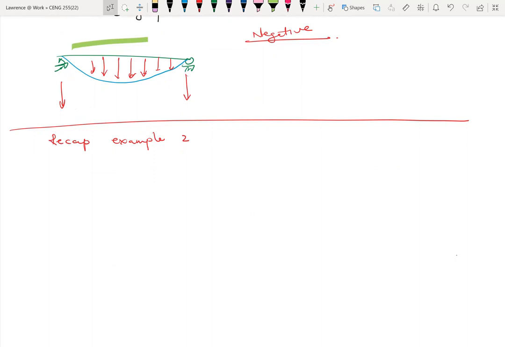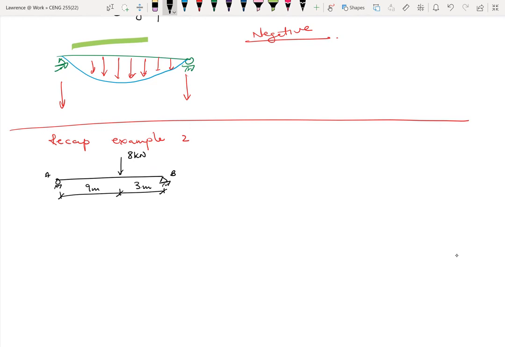With example 2 last week, we had a simply supported beam with a roller at point A and then a pin support at point C. Then we had, I think, an 8 kilonewton load. Then this was 9 meters and 3 meters.